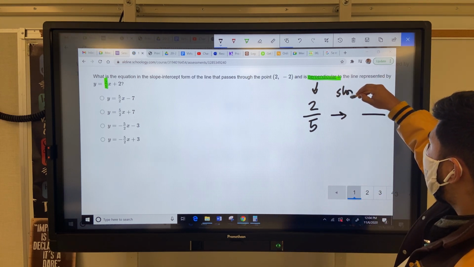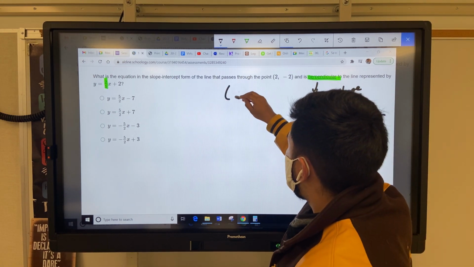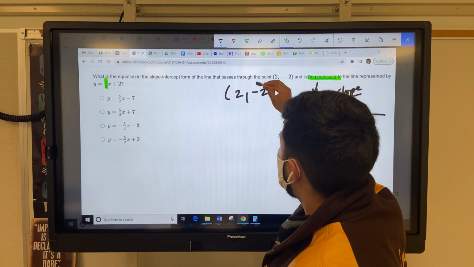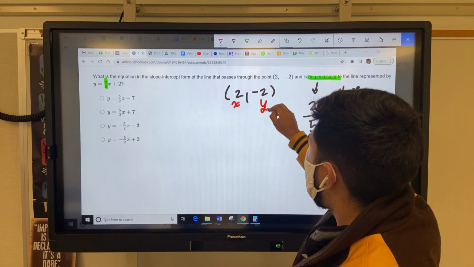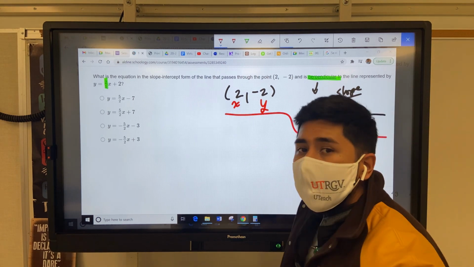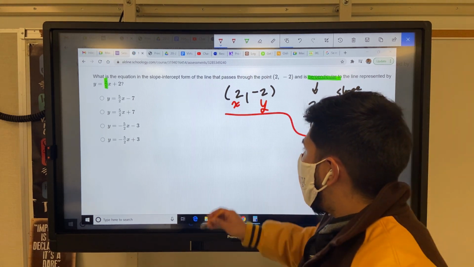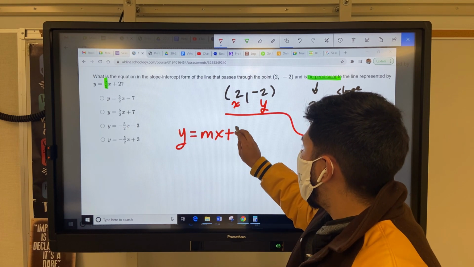This is my slope. I'm going to take this point down to -2. Don't forget to label it. I'll even hook you up: this is X and this is Y. With these pieces of information, I should be able to solve using y equals mx plus b.